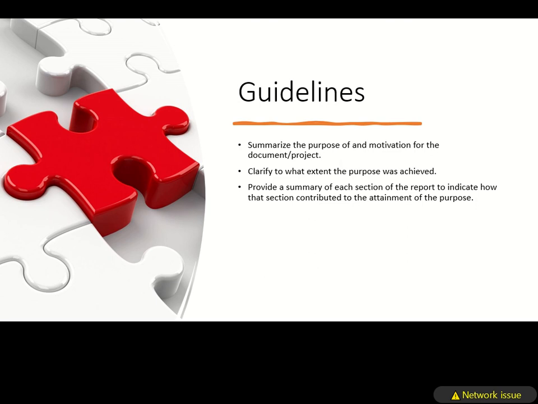And obviously, according to your work, it can change, the design and so on. But now, when we say provide a summary of each section or each chapter of the report, this is referring to the sections or chapters which are serving your purpose, which help you to achieve your purpose.